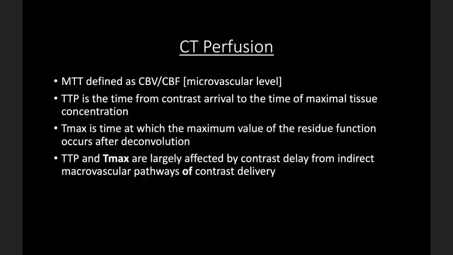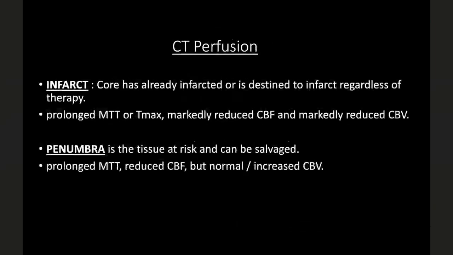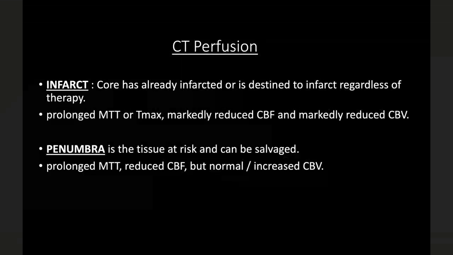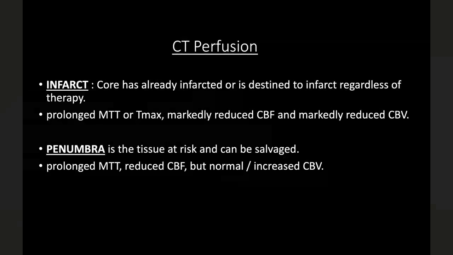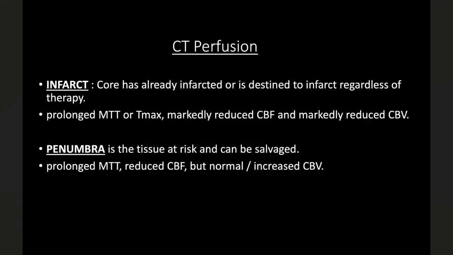And contrast can also go through other macrovascular pathways, and anything abnormal in that is going to affect this number. So mean transit time overall is what we predominantly use. So if they ask in the boards, of these, which one do you use, we favor mean transit time.